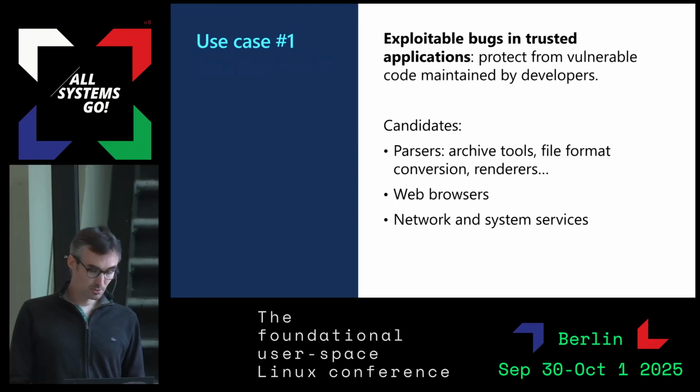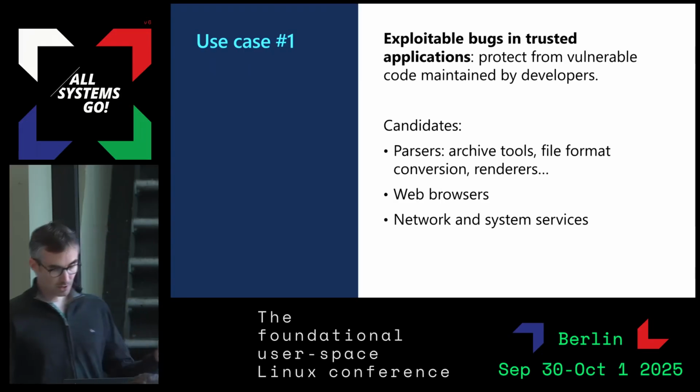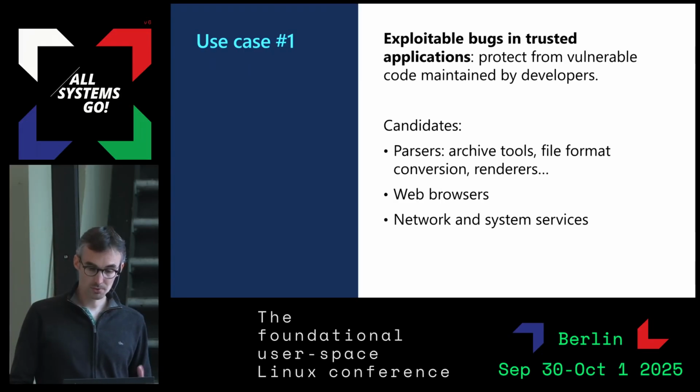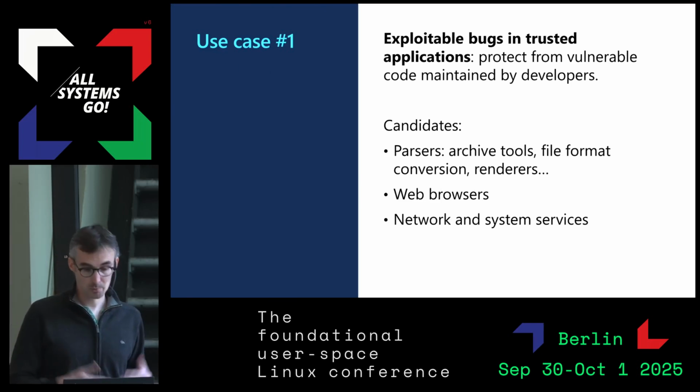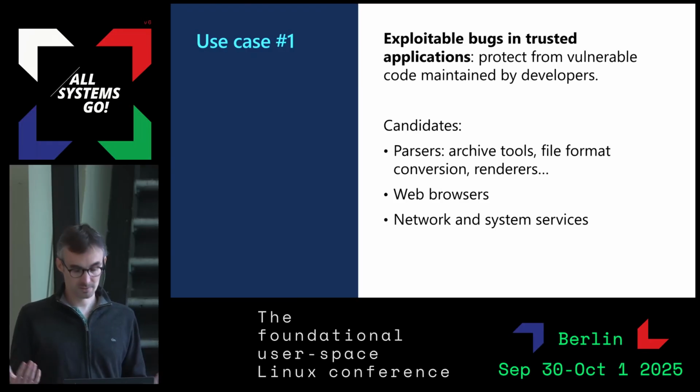So there are mainly 2 use cases for Landlock. The first one, as I explained a bit, is for applications that want to sandbox themselves. So most of the time, you need to own the code some way or the other, and patch the application, for the application to sandbox itself, to protect itself from external threats. So the idea is mainly to avoid exploitation of bugs in a trusted application.